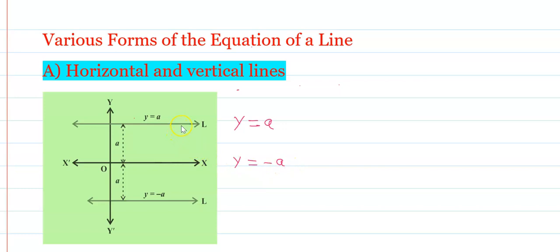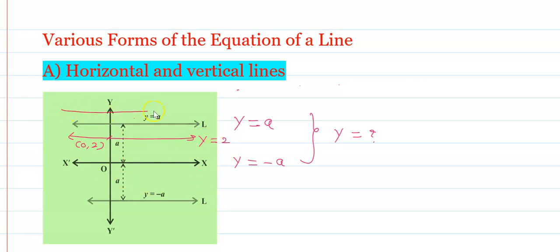Therefore, whenever a line is parallel to the x-axis, its equation is of the form y equals question mark. It means that when a line is parallel to the x-axis and intersects the y-axis, and suppose its intersecting point is (0, 2), then the equation of that line is y equals 2.